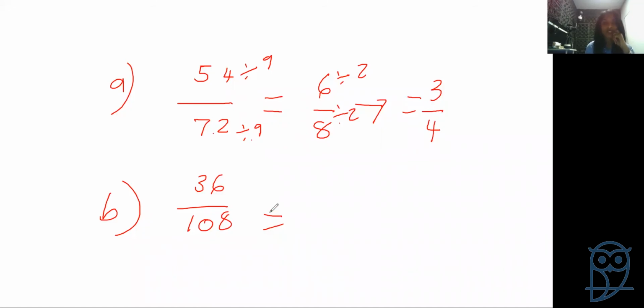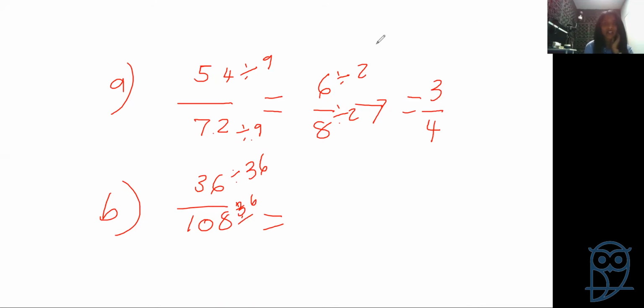Now let's do 36 over 108. What do I need to divide 36 and 108 by to get my answer? The highest common factor here is if I divide by 36 and 36. Yes, quite correct.